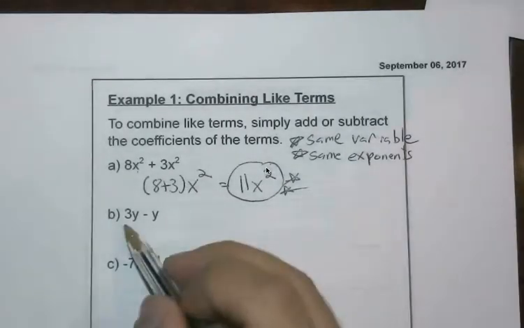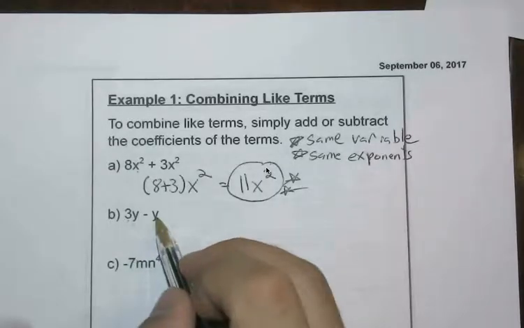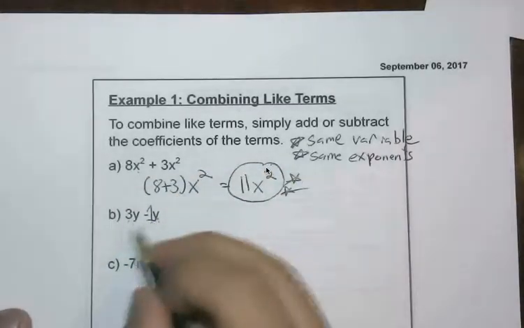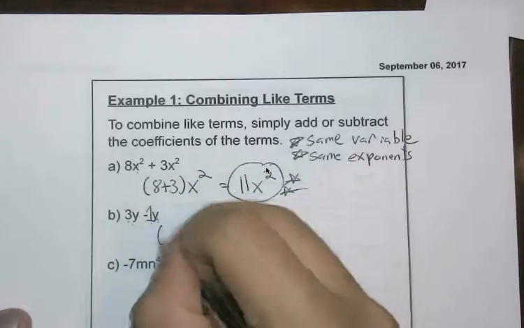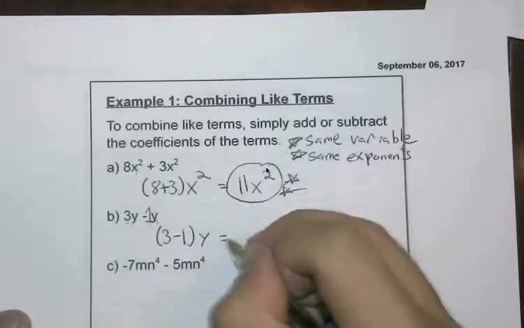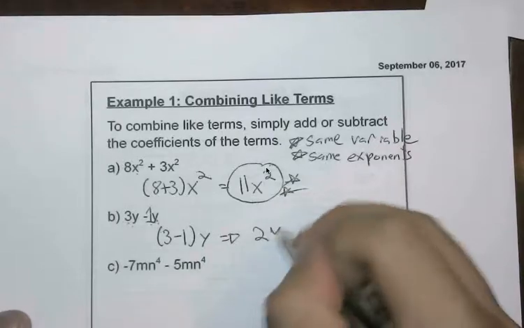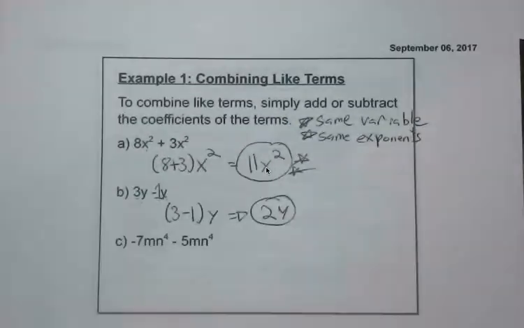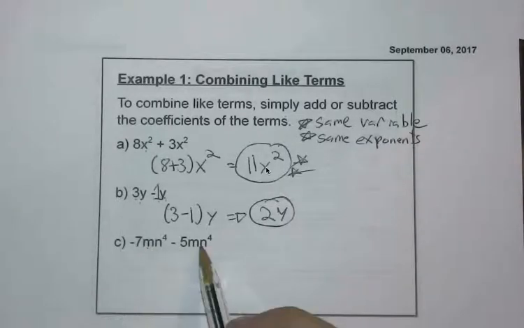If we have 3y and we're taking away y, you could think of this coefficient as an imaginary 1, so 3 minus 1 with y at the end. But think of this as 2y. In addition to that, we have m, n to the fourth, so we're good to go.